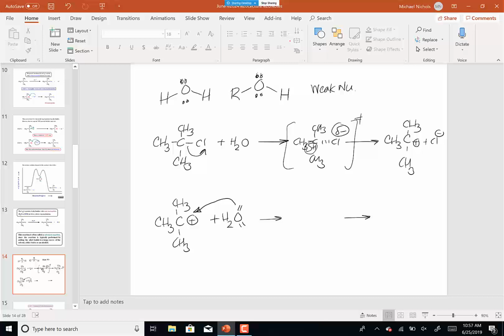The whole thing. So now I form my carbon-oxygen bond. The oxygen still has one lone pair left over because it used the other lone pair to form the CO bond. Because the carbon didn't have any electrons to share, the oxygen had to share them both.